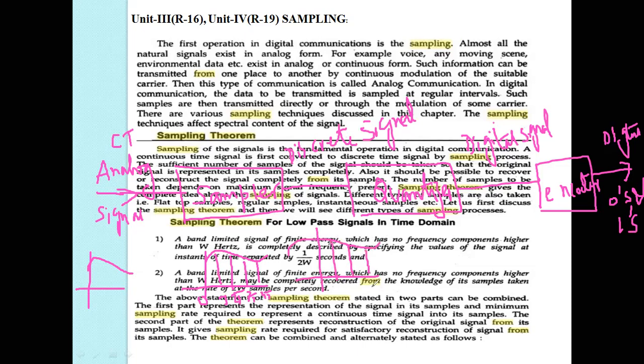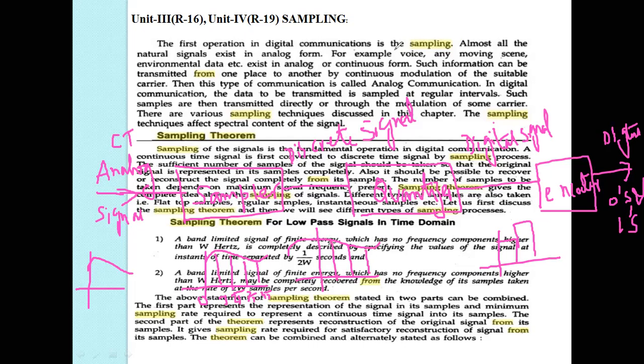Only the time is discrete and the amplitude is continuous. After quantization, the signal is a digital signal, my dear students. And finally, after the encoding, the digital data gives the digital signal output in terms of zeros and ones.